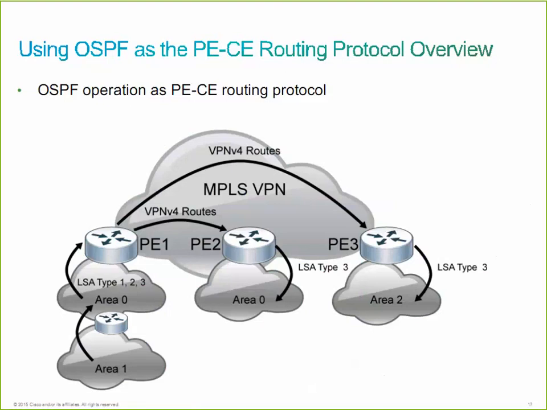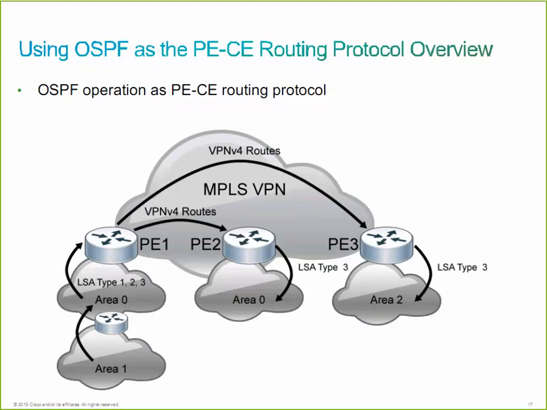We know that OSPF can be used as the PE to CE routing protocol. We saw that in the previous example, where we were using OSPF on one side of the link and EIGRP on the other side. But just like we did with EIGRP and how it treats attributes, metrics and route types, there are some things we have to consider with OSPF as well.